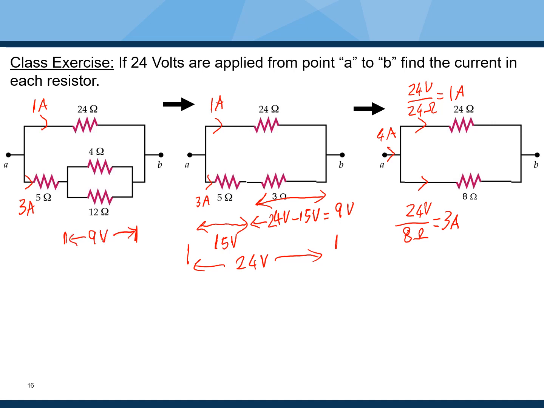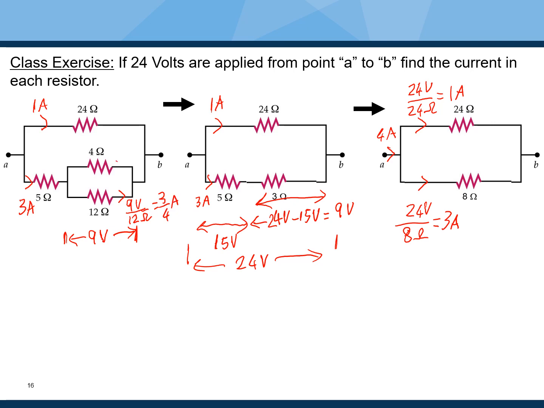Therefore, I can say that the current flowing through the 12 ohm resistor is just given by 9 volts divided by 12 ohms, which is equal to 3/4 of an ampere.